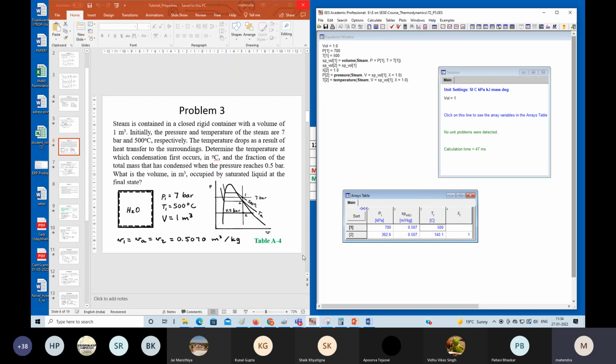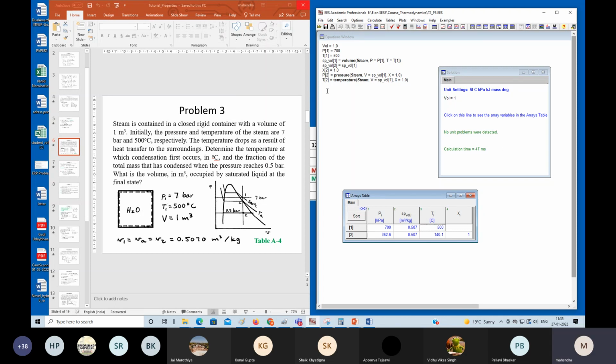So at 2, this is pressure 3.62 bar. The specific volume is same. And the temperature at this location was 140 degrees centigrade. That is about point 2. Then let us see at point 3.